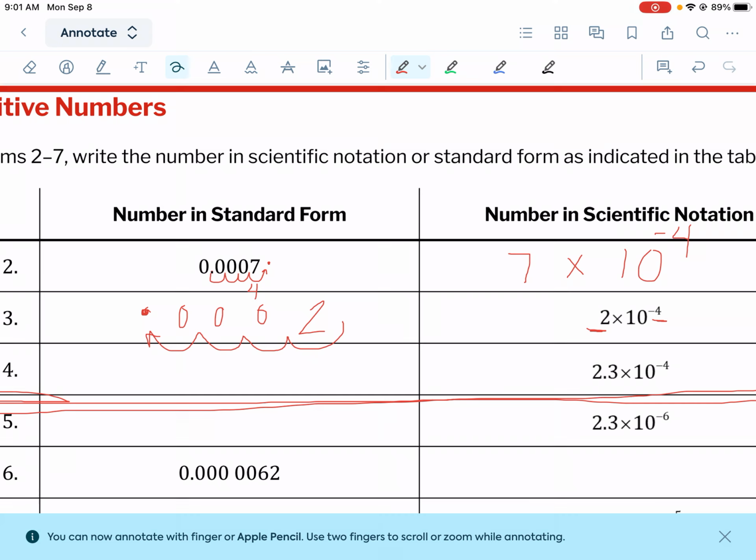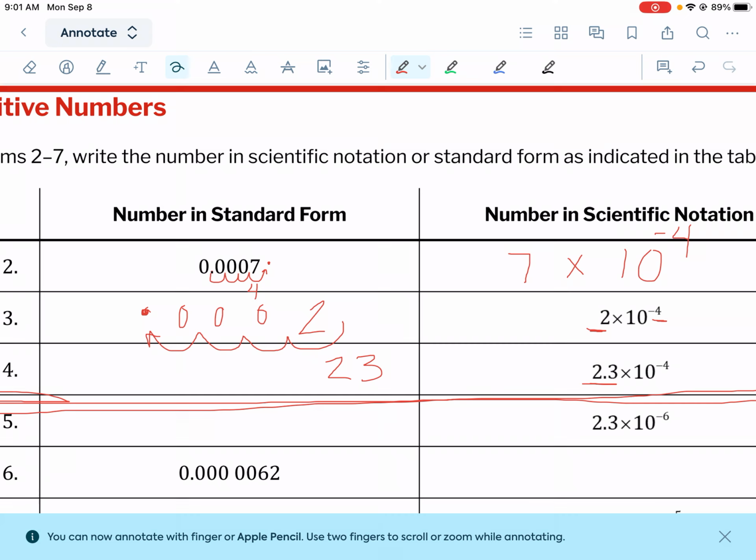For number 4, once again, just rewrite the value that it gives you for your A. We have 2.3. Just write 2 and a 3. Don't worry about that decimal right now. Our exponent is negative 4. So that means we're going to go to the left 4 times with our decimal place.